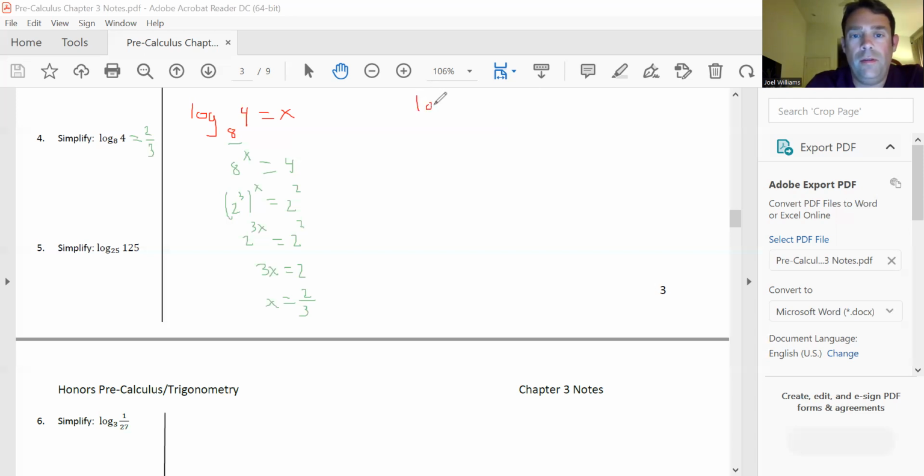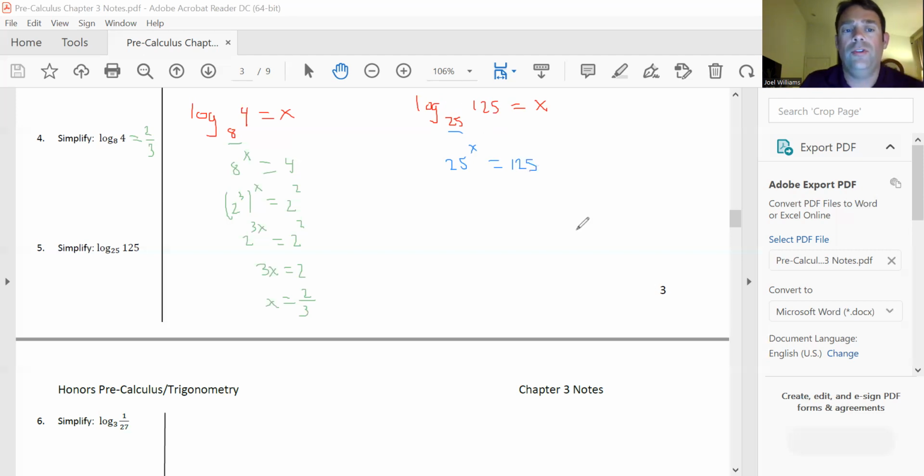Log base 25 of 125 equals x. The base will always be the base. And then I switch the variable and the number. So again, I'm looking at this.